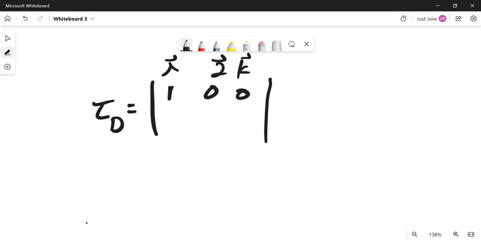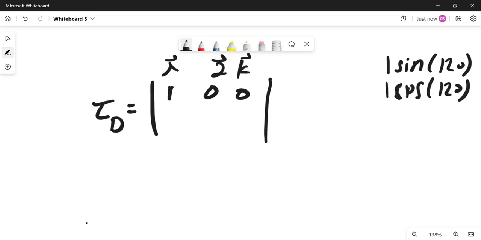Radius, we know it's 1, and it's sine of 120 and 1 cosine of 120 for its x and y components.